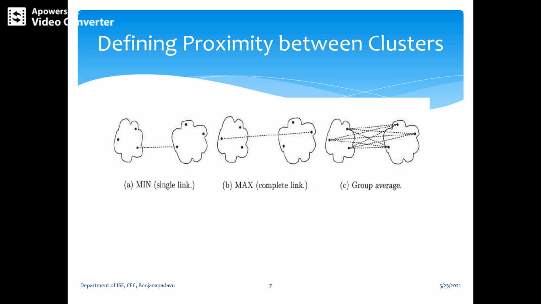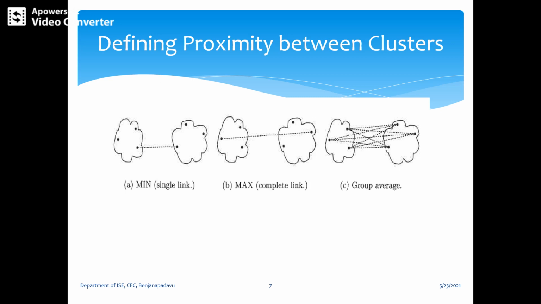The space needed to keep track of the clusters is proportional to the number of clusters, which is m minus 1, excluding singleton clusters. Hence the total space complexity is O of m squared.